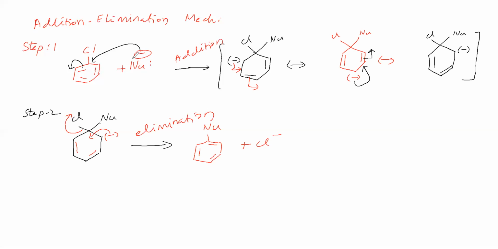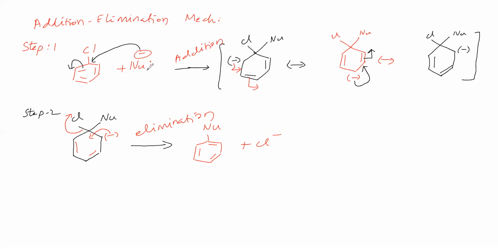Here, when the nucleophile adds, the phenyl ring is already an electron rich center, or we can say a delocalized pi electron cloud. Because of the delocalized pi electron cloud, it will repel the nucleophile from attacking.